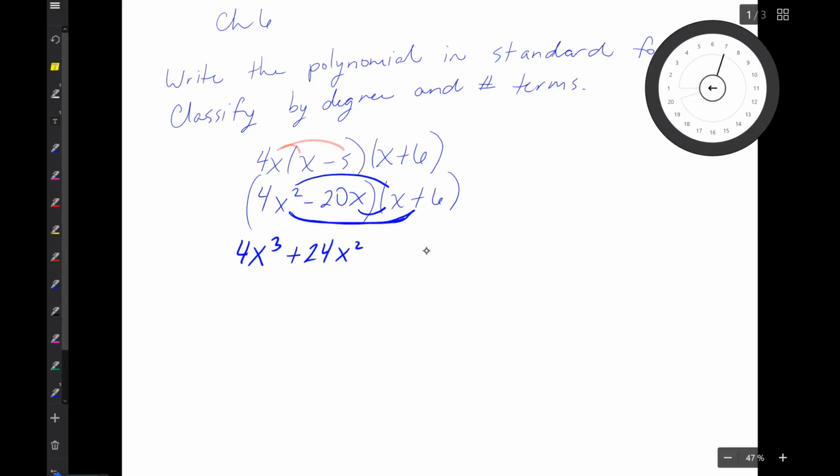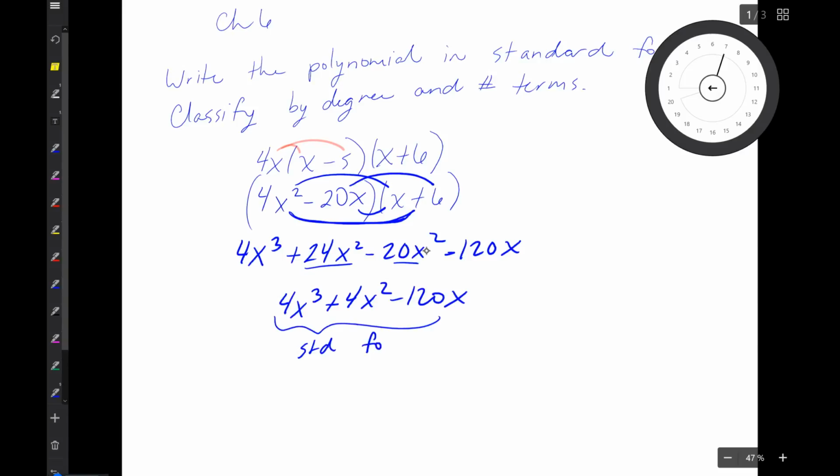What's the inside? Good. And what's the last thing? Nice. Okay, any like terms I can combine? Middle two. So I have 4x cubed plus 4x squared minus 120x. Now this is standard form.